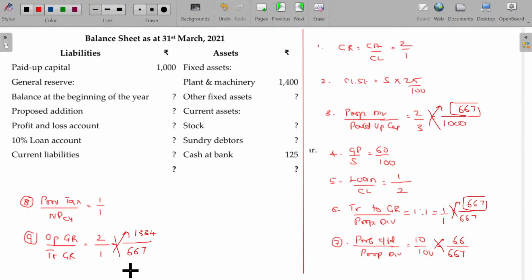So what are the available information? You try to feed all these things here. In the beginning 1334, in the end 667. I can write directly here, no issues. 2000 rupees, or 1 rupee plus or minus. Rounding up error will be there, no problem.